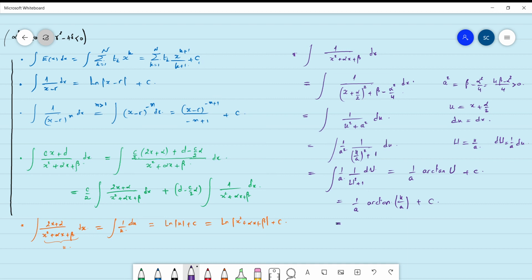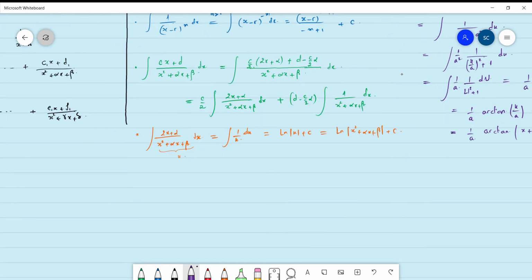Then come back to the original variable: it will be in the form arctangent of (x plus alpha over 2) over a, plus a constant. So you see, this is the hardest part of finding an antiderivative.